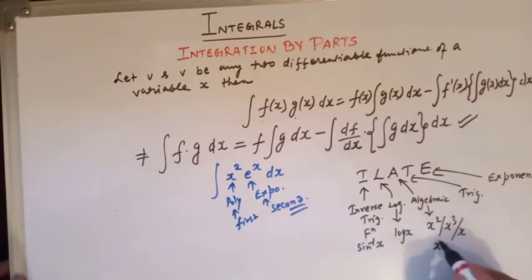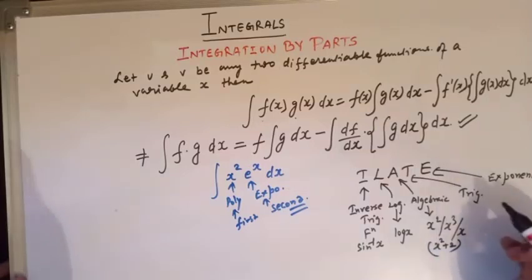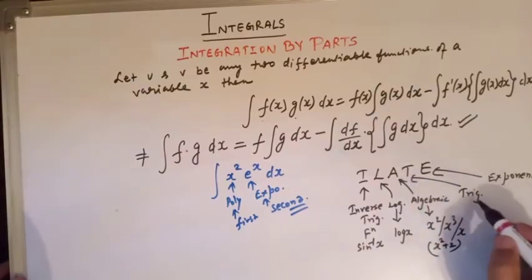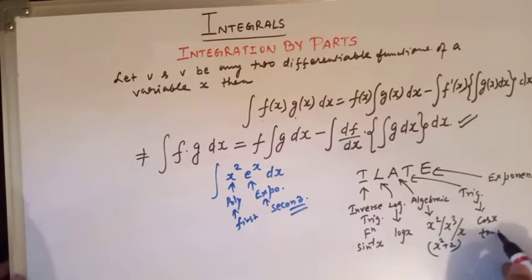Or a combination of say x square plus 2. And here we have the trigonometrical function, say cos x or tan x. Clear? And here we have an exponential function, say e raised to x, e raised to 2x, and so on. Clear?